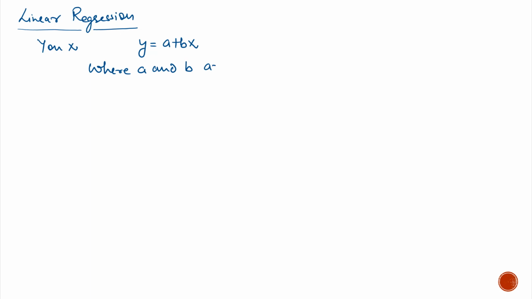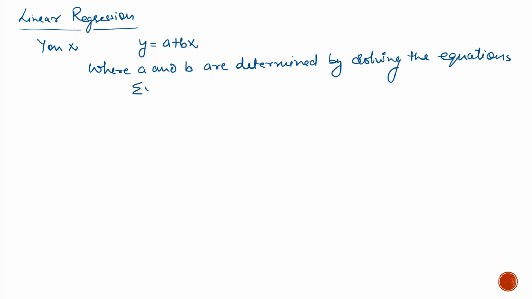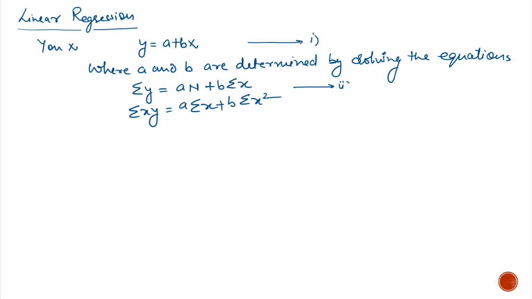y equals a plus bx, where a and b are determined using the equations: summation of y equals n a plus b summation of x, and summation of xy equals a summation of x plus b summation of x square.